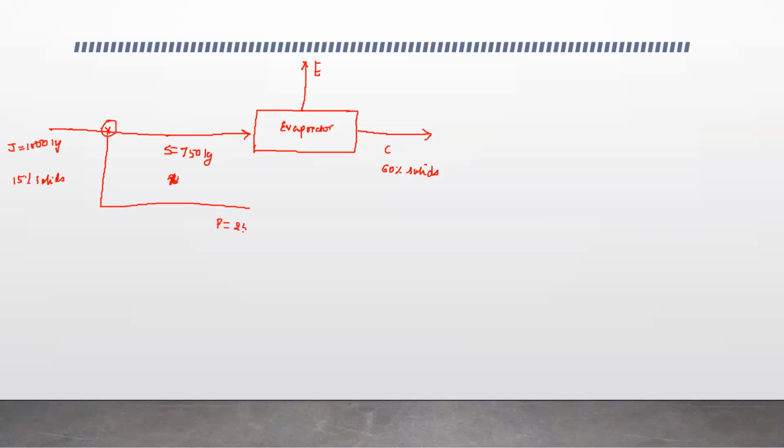Pulpy juice is 250 kg, and let's say solids in the pulpy juice are Y. This goes and combines with the concentrated juice coming here in a mixer. And finally, from this, we have final juice. Let's call it P. This P contains 40% solids.